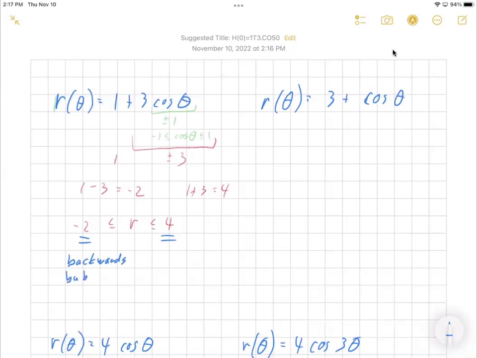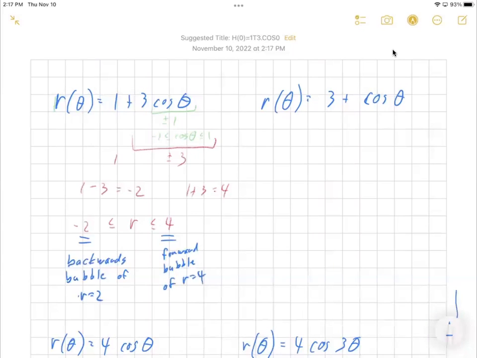Okay, so there's going to be a little backwards bubble of radius 2. The negative means it'll be going in the wrong direction, away from the angle instead of towards the angle. Whereas the 4 indicates that we will have a sort of forward bubble in the direction we're expecting it to be, of radius 4.